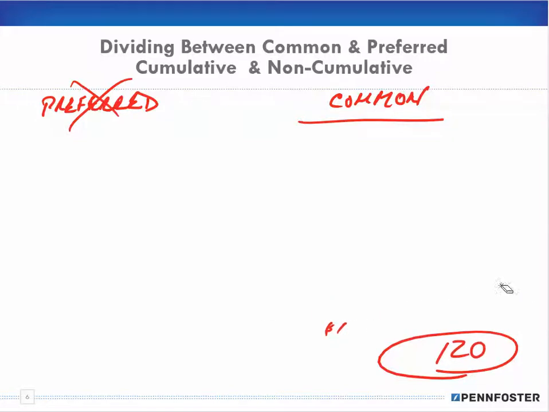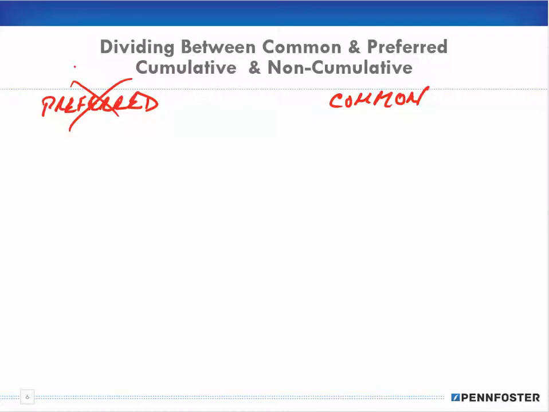Now, that's if we have only common stock. Okay, but I had said preferred takes precedence over common generally. So what ends up happening is, let's say for the preferred shareholders, they are guaranteed 65% of the dividend.